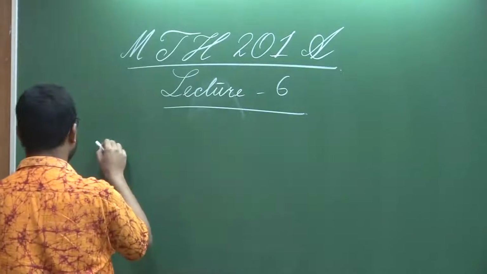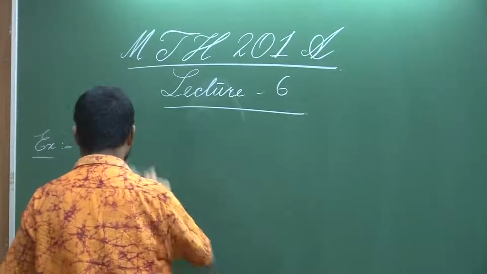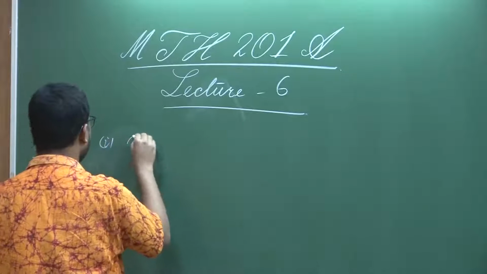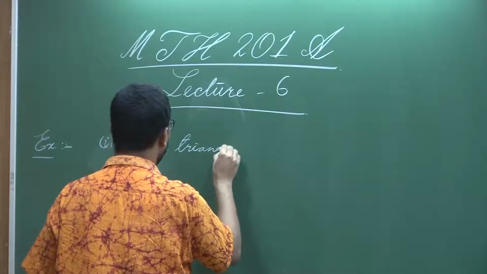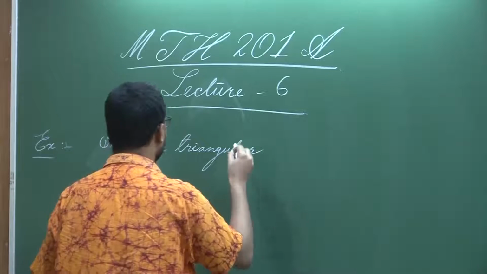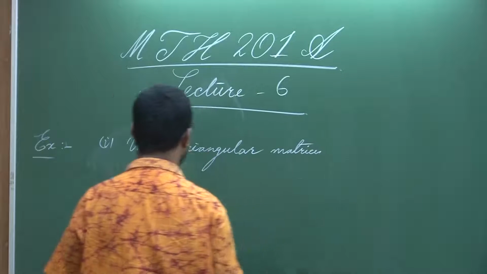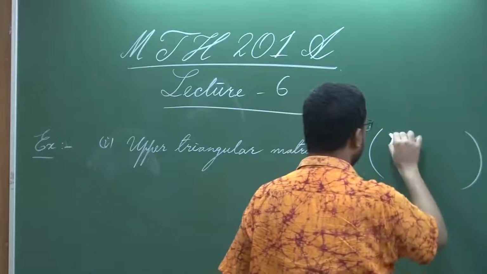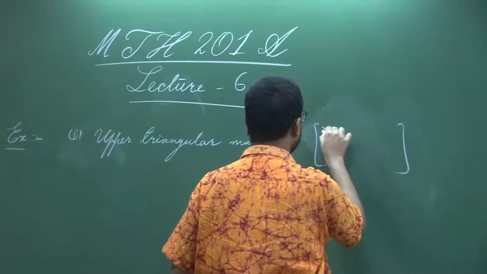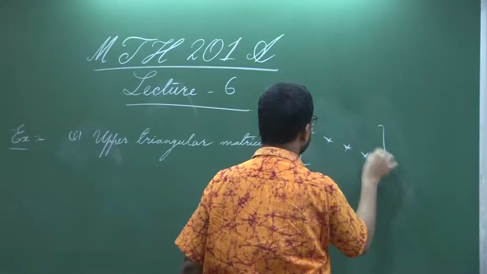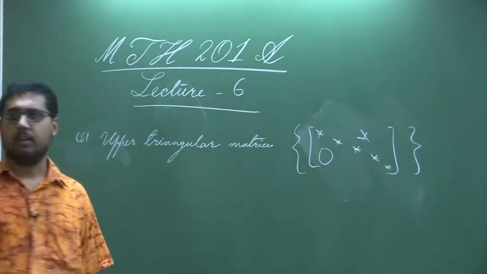So maybe one is the space of upper triangular matrices. These are the matrices whose entries below the diagonal are all 0, and this is the collection of all such matrices.